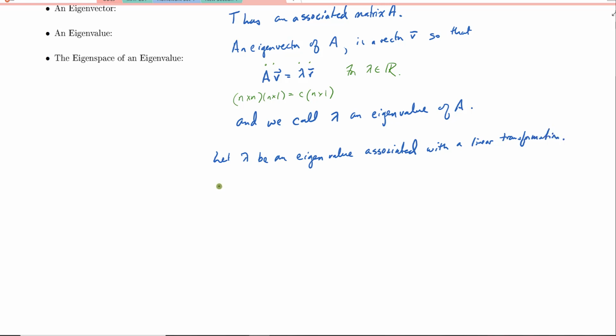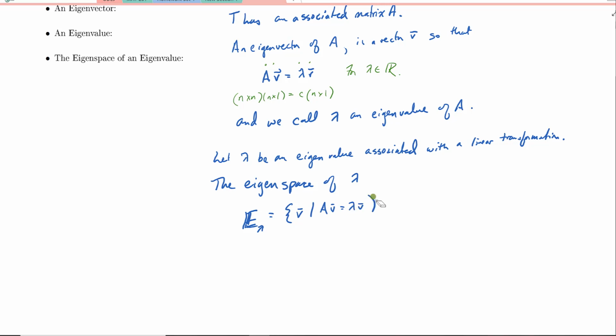Then the eigenspace of lambda, which we're going to denote using E in the bold notation that we use for vector spaces, is the set of all vectors V such that AV is equal to lambda V.